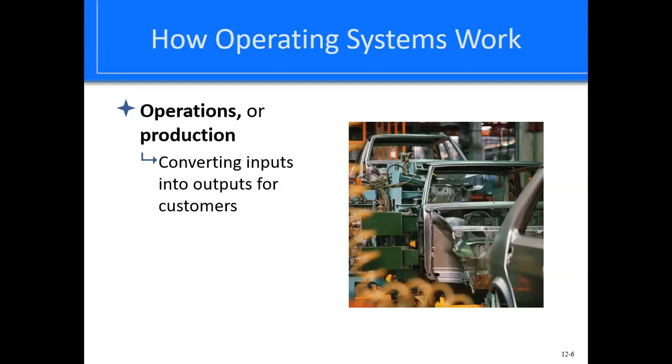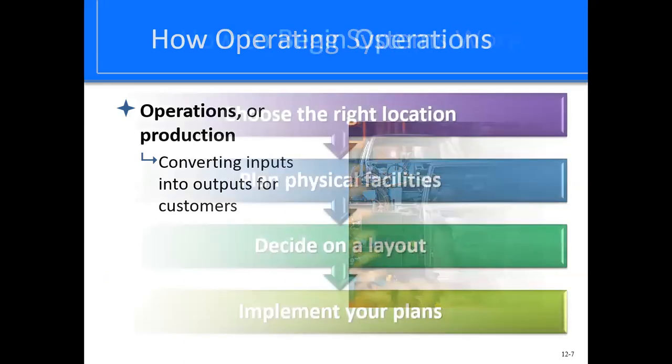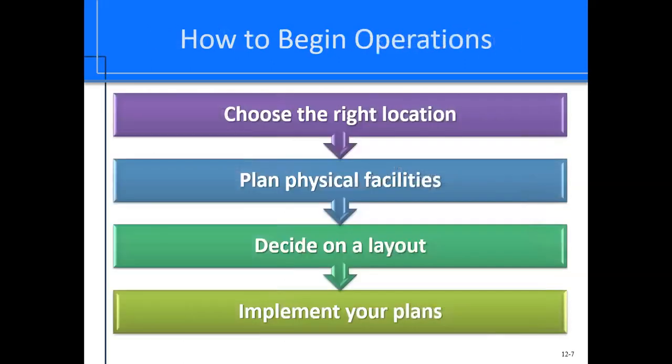We just convert input to output and then sell it to the customers. So that's the operations or production, similar to the operating system. This is the process to begin the operations.